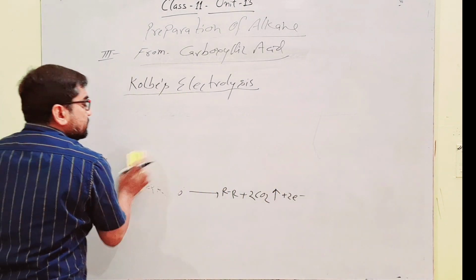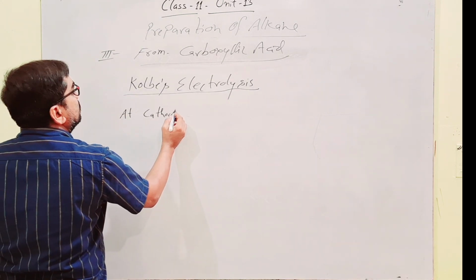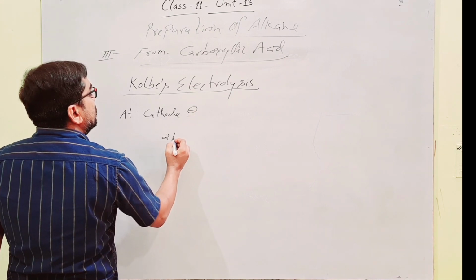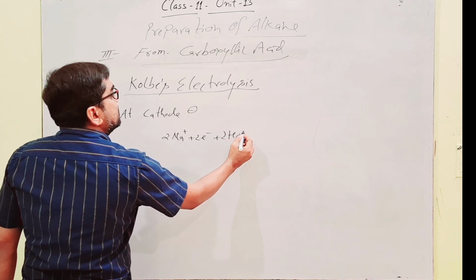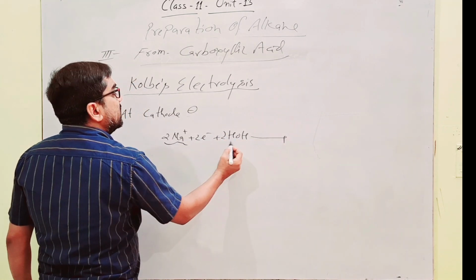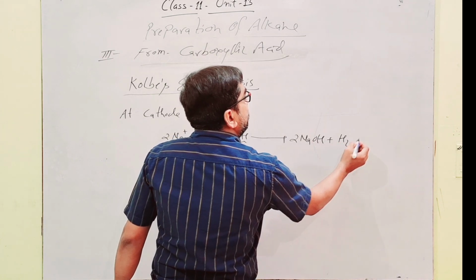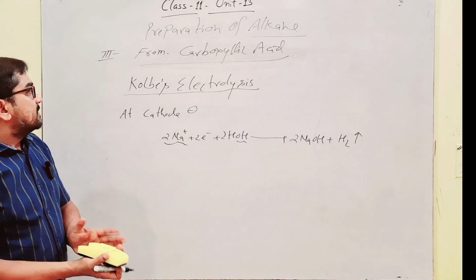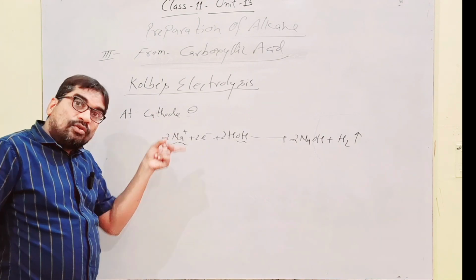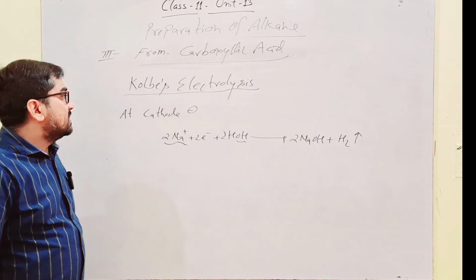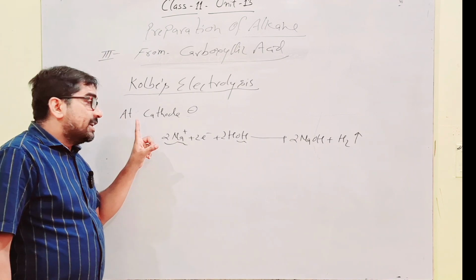Now at the cathode, since it is negatively charged, 2Na plus with 2 electrons, and since the solution is aqueous, 2Na and OH, gives 2NaOH with elimination of hydrogen. So again the question arises, hydrogen escapes at the cathode. In Kolbe electrolysis, CO2 is eliminated at the anode while H2 is eliminated at the cathode.